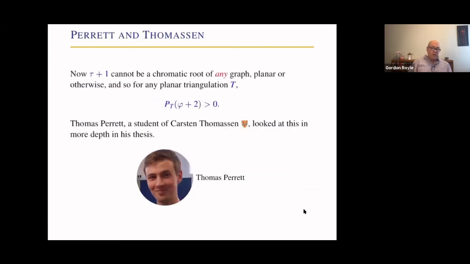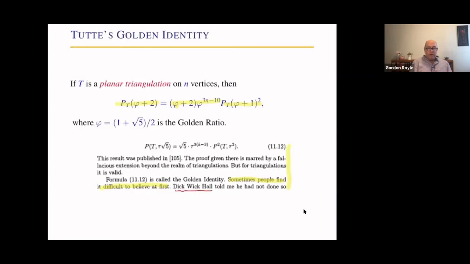Okay, let's zoom forward now. So Thomas Perrett, well, we know that, why did I say tau? That should be theta. How many times can you read a talk and not find mistakes in it? It's not the chromatic number of any graph, planar or otherwise. So that means this number is always non-zero, and when you square it, that number is always positive.